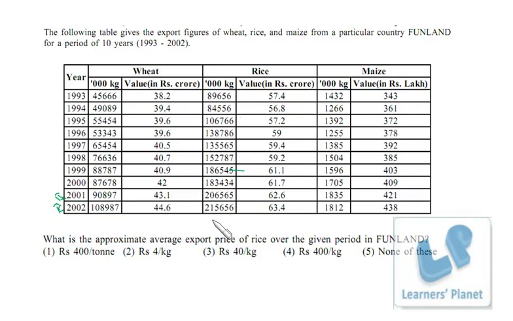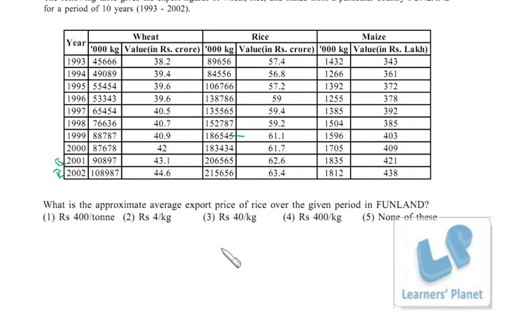The total value is 63.4 crore, and that is divided by the quantity, that is 215656000, right? 6 digits in the numerator and 6 digits in the denominator. The numerator is starting from 6 and the denominator starting from 2, so that seems to be around 3 times. So the price should be around 3 rupees per kilogram.